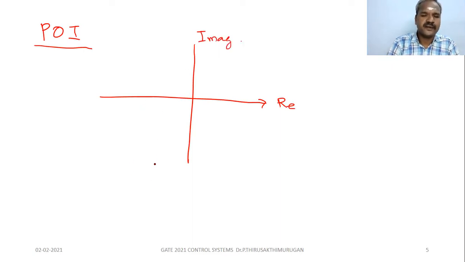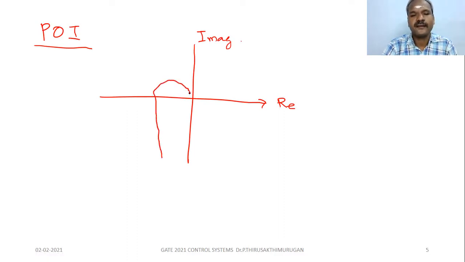So suppose when we vary the root locus, I'll show you. Say this is a polar plot for a particular transfer function.